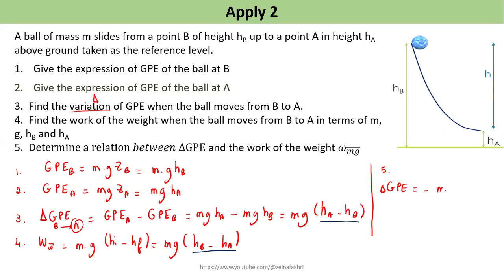So it's minus mg times HB minus HA when we take the negative. So equal to minus, now all this part is the work of the weight. So we notice that the variation of the gravitational potential energy is equal to negative the work of the weight.